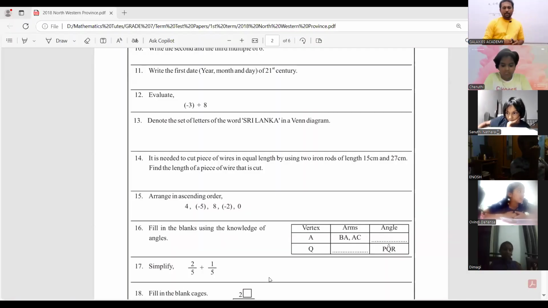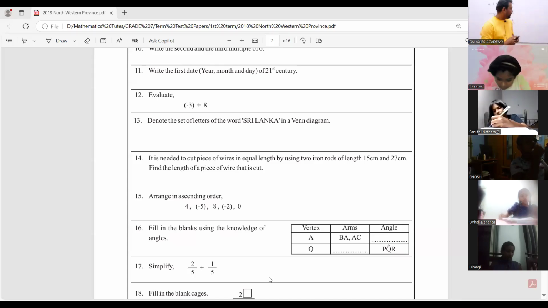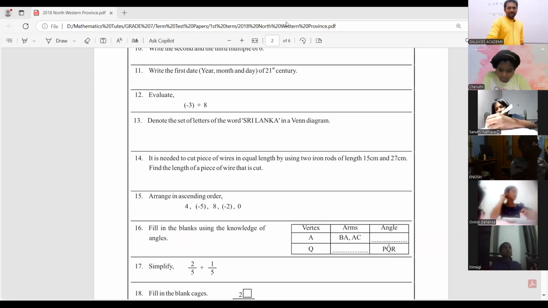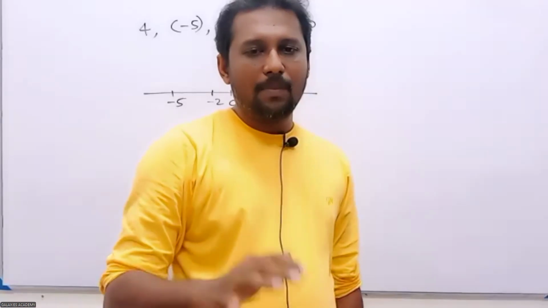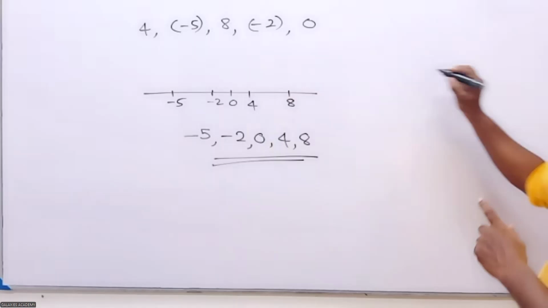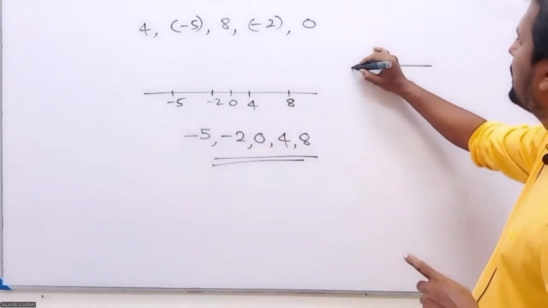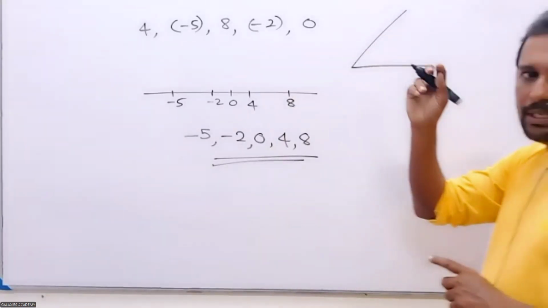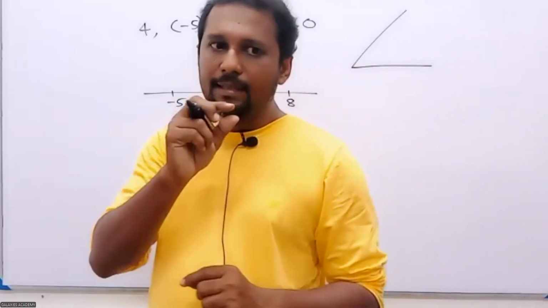Right, let's go to the next one. Filling the blanks using the knowledge of angles. Do you remember what the parts of an angle are? An angle you can draw using two straight lines that intersect.